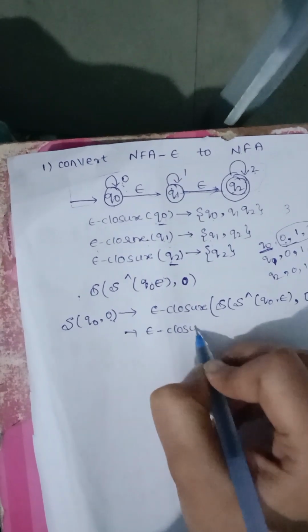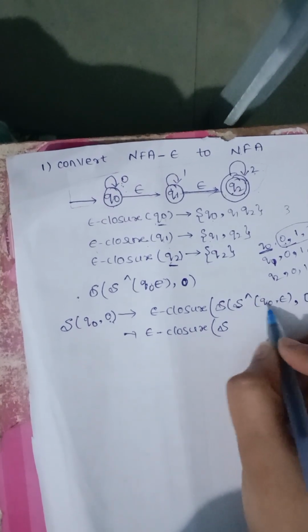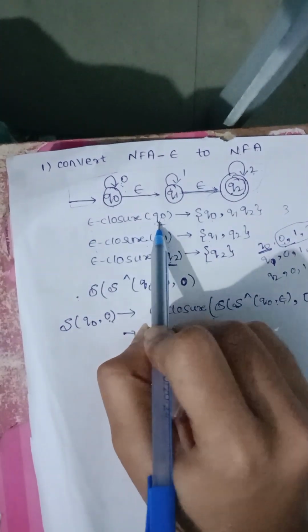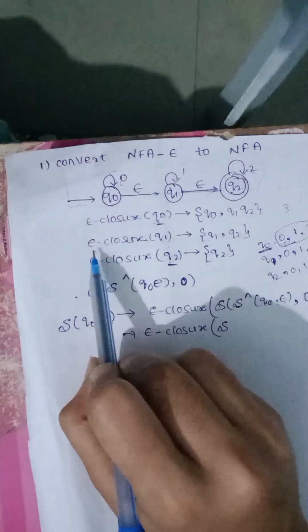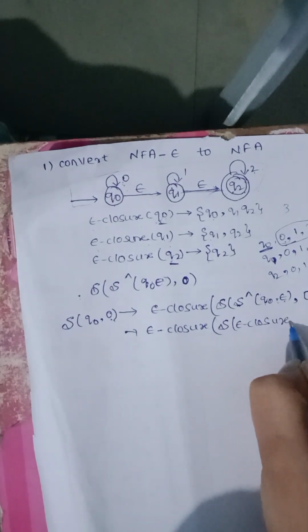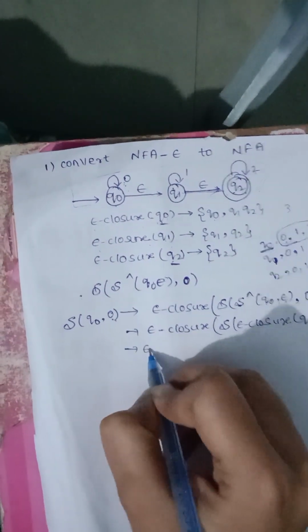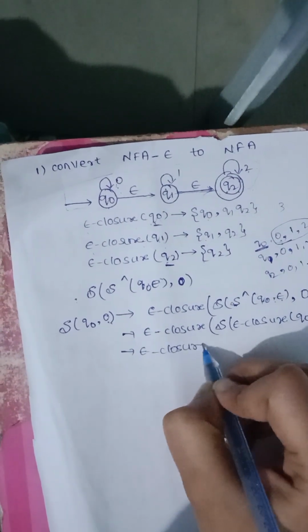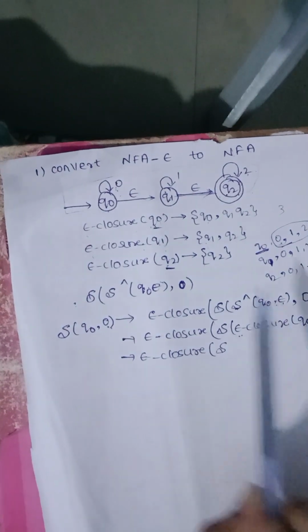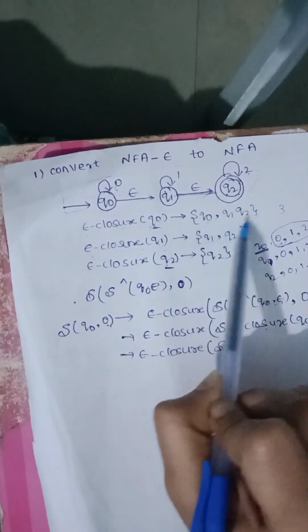Epsilon closure of delta, where we already know delta cap of Q0 comma epsilon means epsilon closure of Q0. What are the states here?